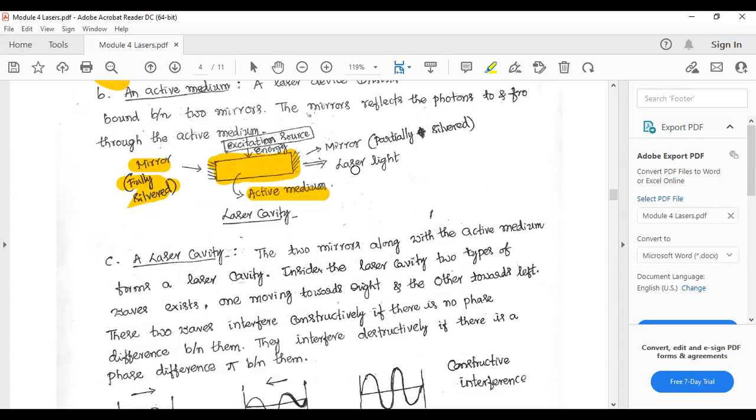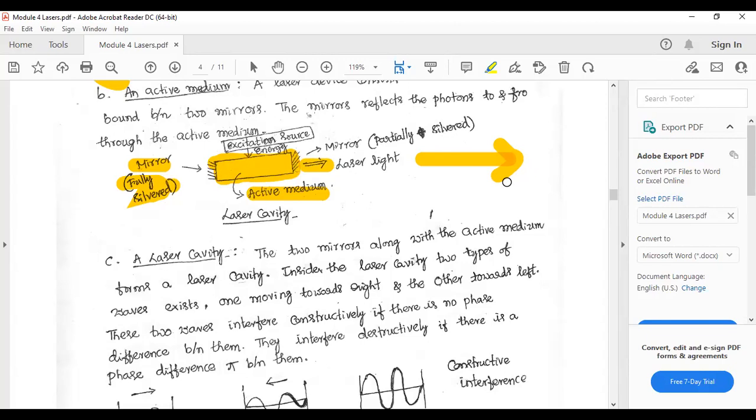They will not travel in a straight line. To get collimated rays or highly directional laser light, I have to give a direction to this laser by impacting the photons on the mirror. The photons generated inside the active medium will get reflected by these mirrors, and they will come out in a straight line. I hope you know laser will travel in a single direction. That is known as the directionality of laser, right?